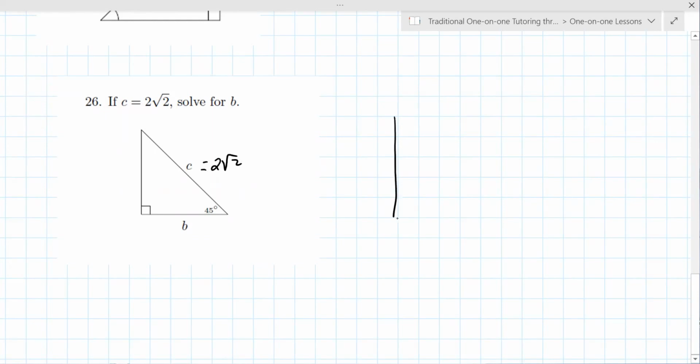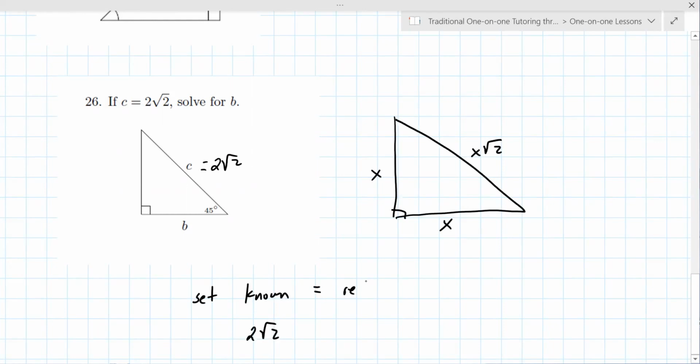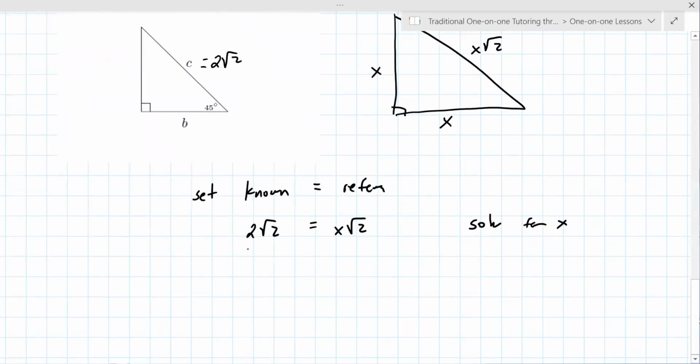And if we go to the reference triangle, x root 2, you set the known side, which in this case is 2 root 2, equal to the reference side, which is x root 2, and then you solve for x. Can you visually tell me the value of x just looking at it?